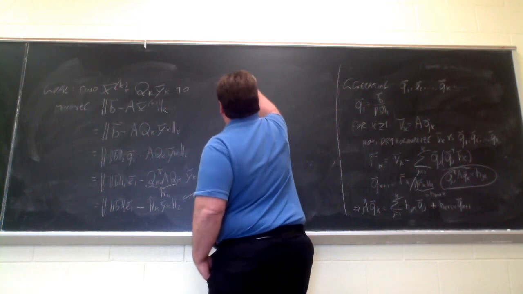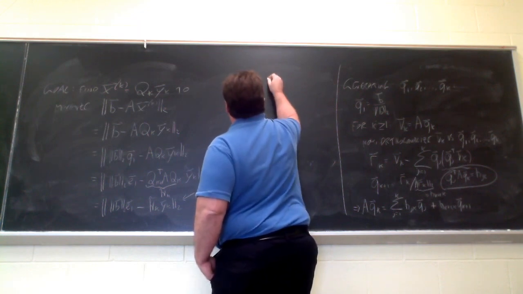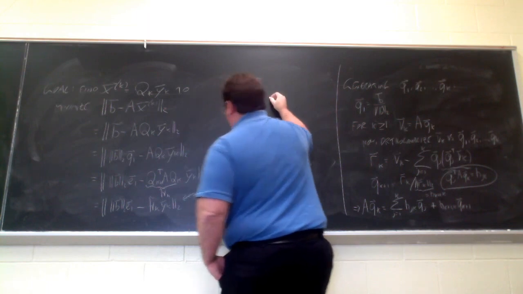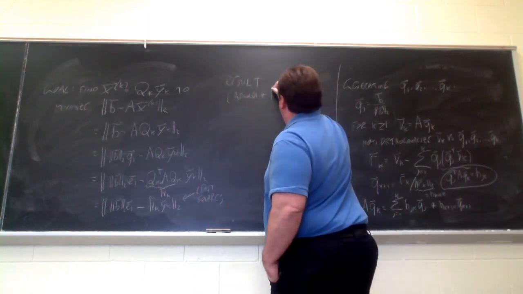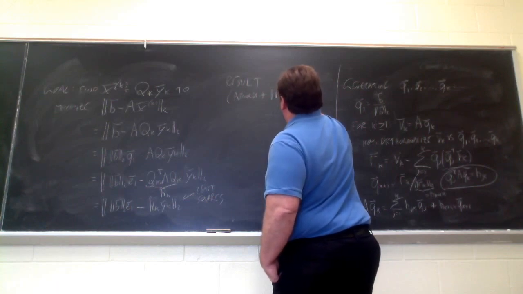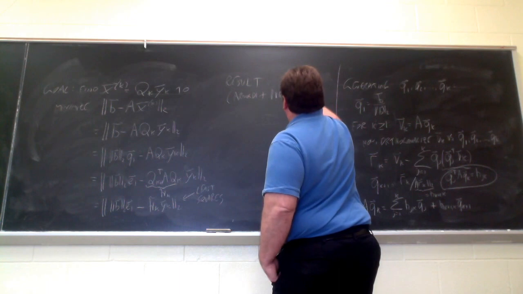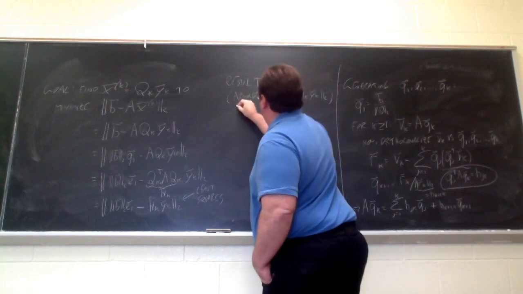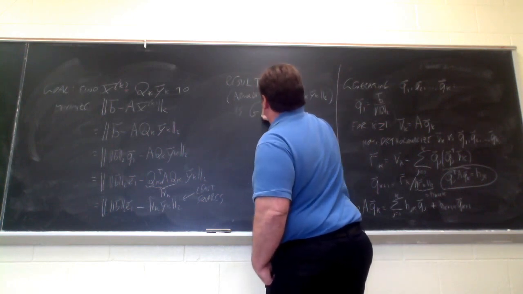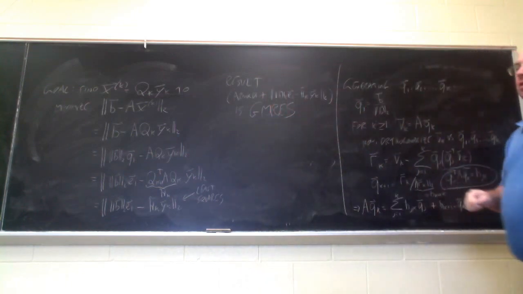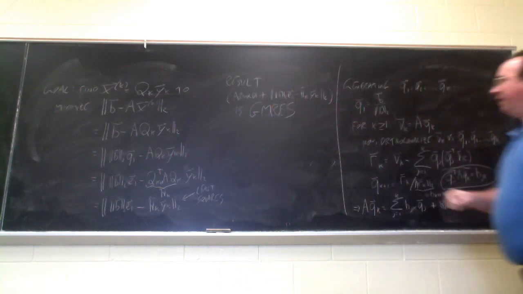So the result of all this, in other words, Arnoldi plus solving this least squares problem, is a very famous iterative method for solving Ax = b called GMRES.